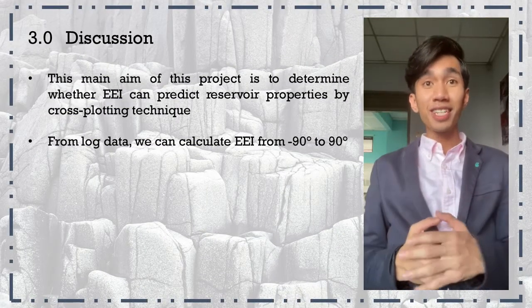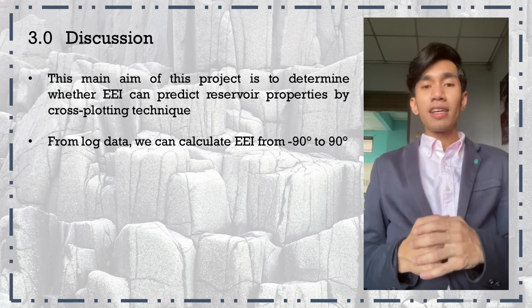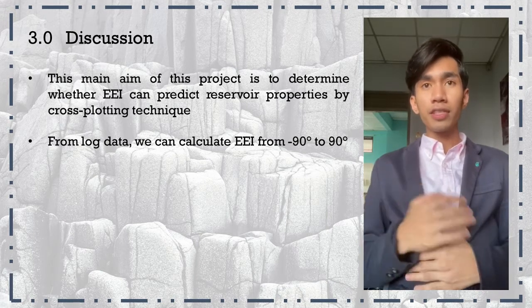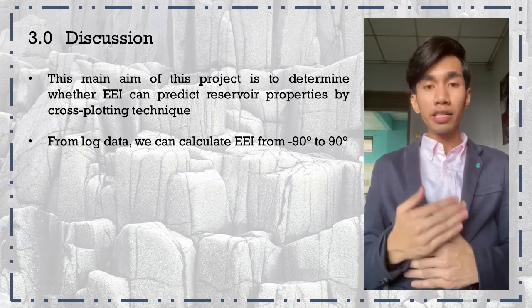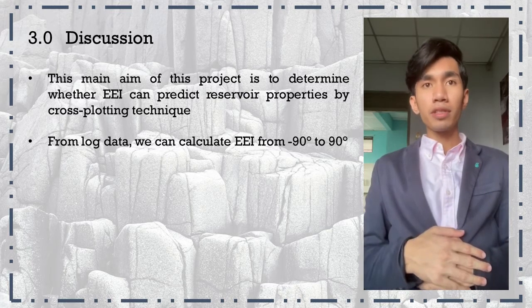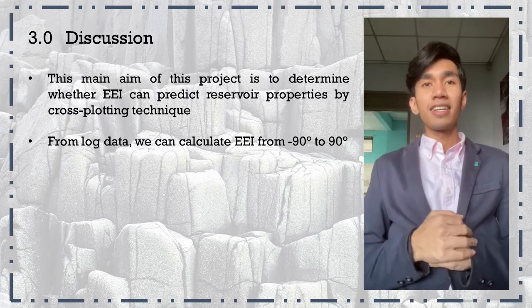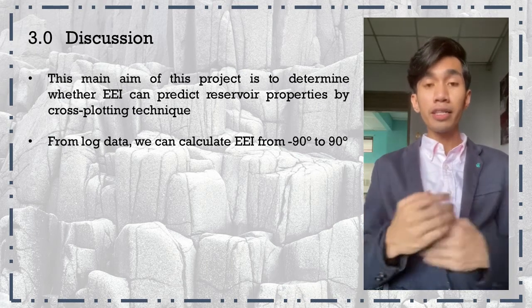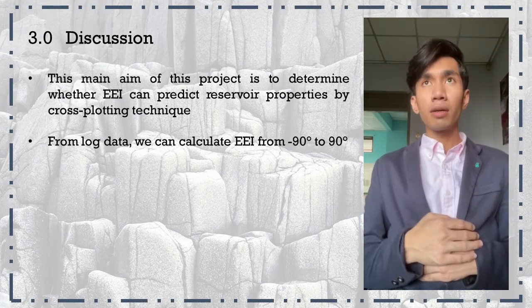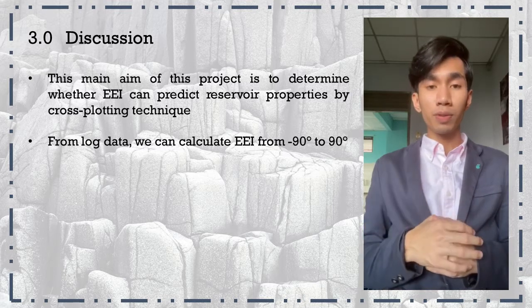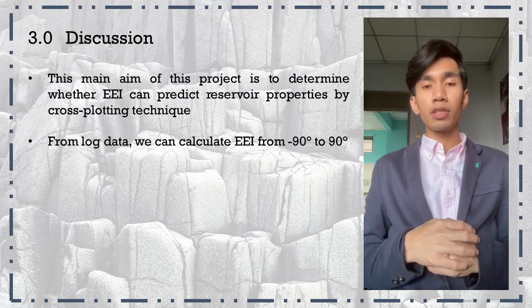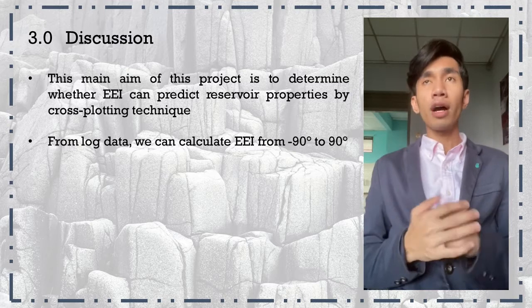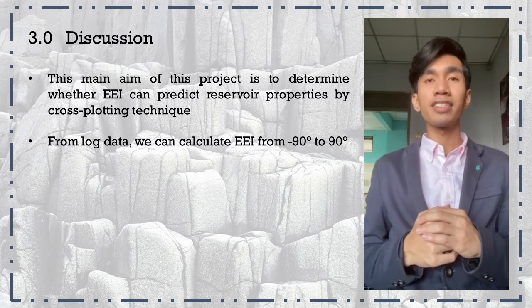Moving on to the next part of the discussion. Our main objective is to determine whether EEI can predict the reservoir properties by cross-plotting technique. Throughout this project, we identified that EEI can predict much better in elastic properties compared to the reservoir properties, due to the high value of the correlation coefficient.